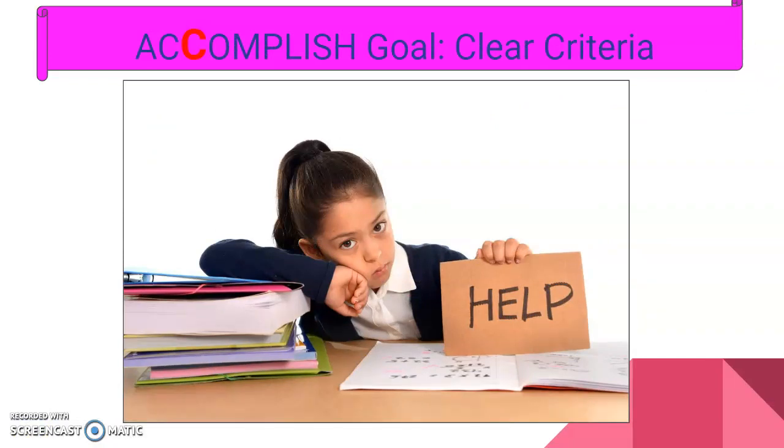Now, you might be wondering, what happens if the students aren't meeting the goal? We have all likely been or will be in this situation at some point, so let's talk about it. If students are not on track to meet the goal, our first instinct might be to adjust our criteria. But wait, please wait. First, consider what instructional practices you've tried, the intensity of the instruction, the accommodations that are in place.